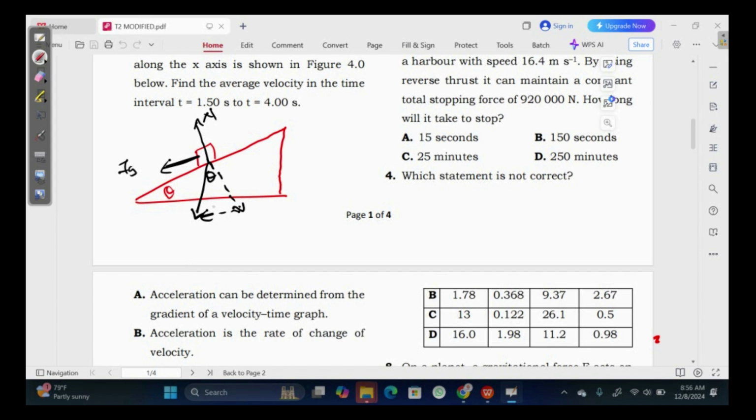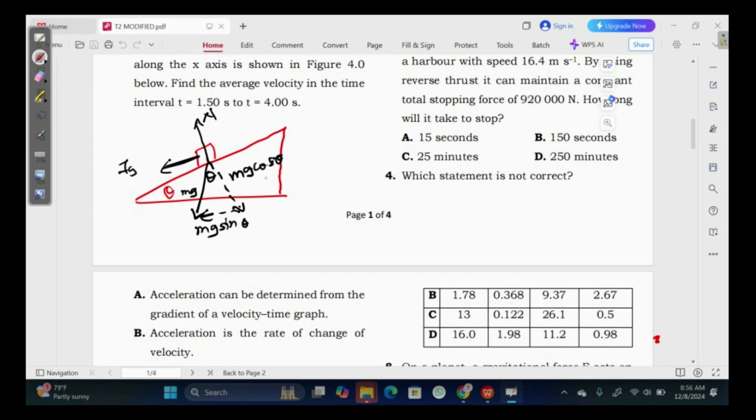So this is opposite, this is adjacent. This is mg, which is the weight force. Therefore, we can clearly see that this is mg sine theta, because it's the opposite, then this is mg cos theta, because it is the adjacent.